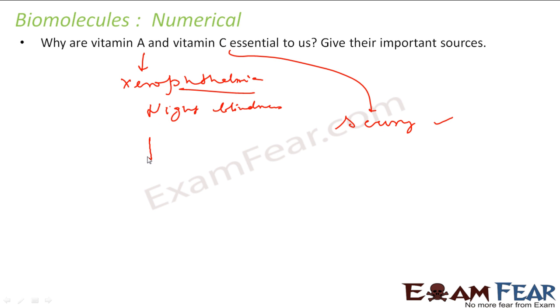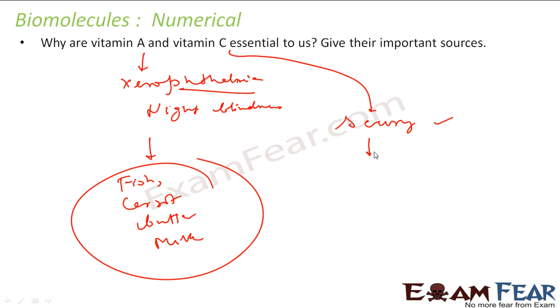Right? So vitamin A source is fish. We have seen this. Carrot is a good source. Butter and milk. Vitamin C, you use citrus fruits, amla, and leafy vegetables.